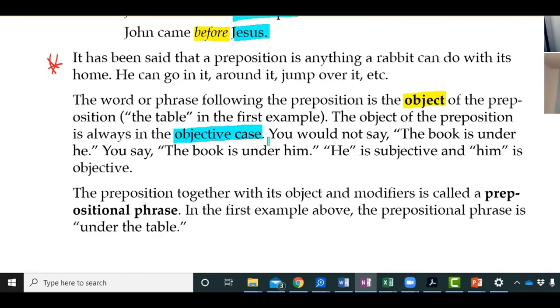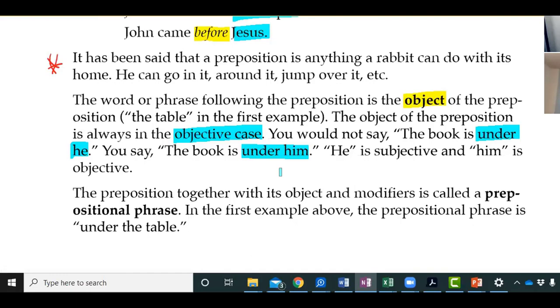The table is nice, subject. He put it on the table, objective case. But what about the pronouns? Remember, the pronouns do inflect for case. So I wouldn't say under he, like he has here. Rather, the book is under him. So we do have to use the objective form if there's one available in English.